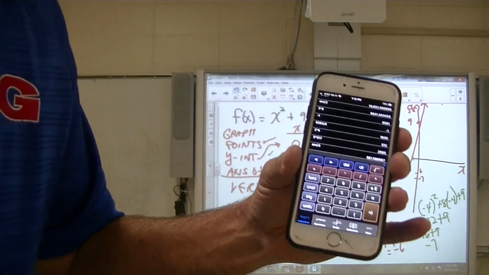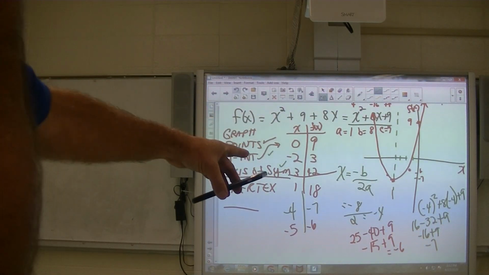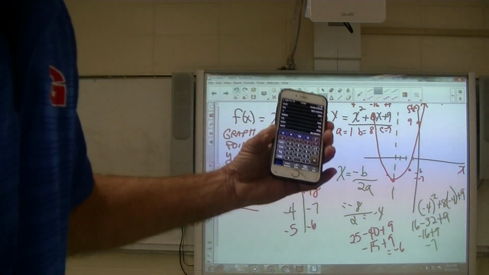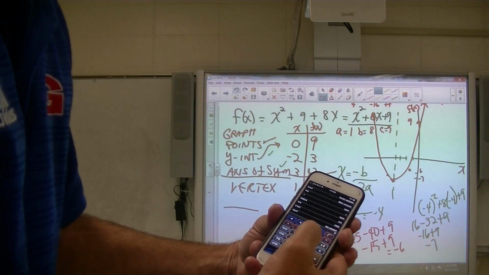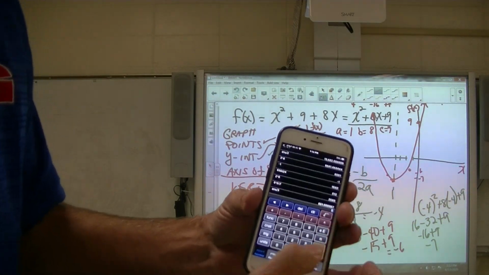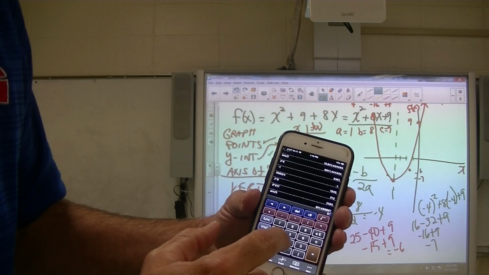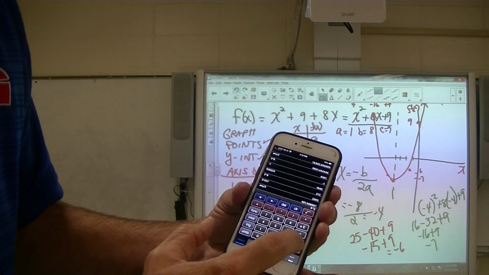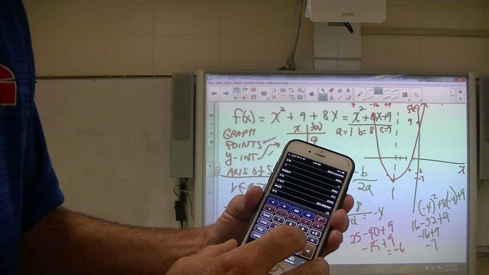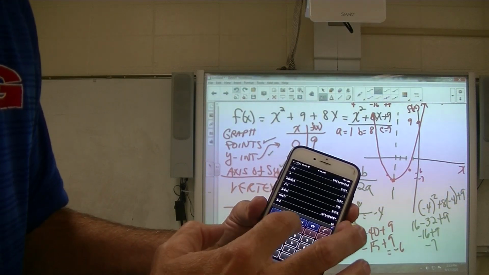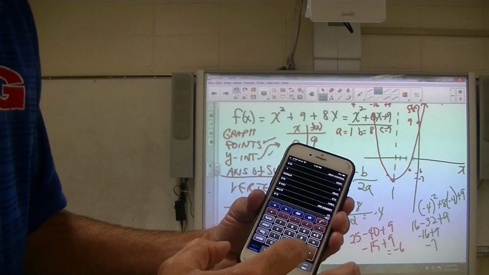As long as you're just doing, like, if you want to put in a -5, you can go -5, or you can do 5 squared. That little caret there means to the second power. 5 squared is 25, and you can do 25 minus 40, and then plus 9.